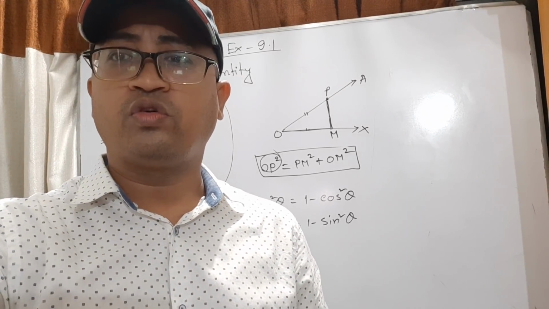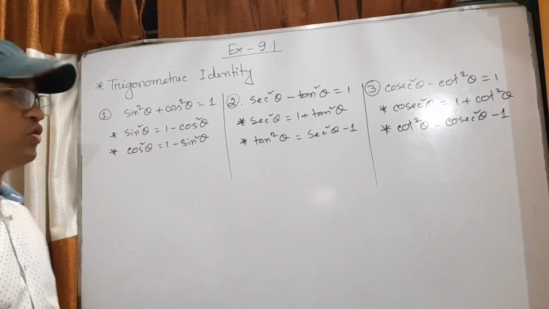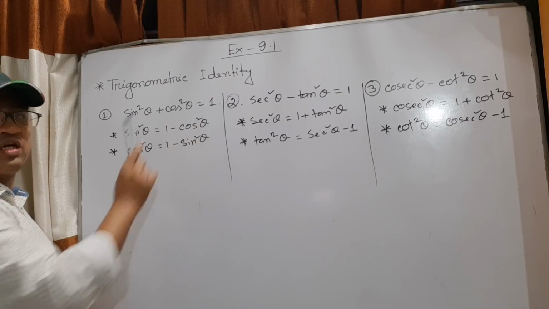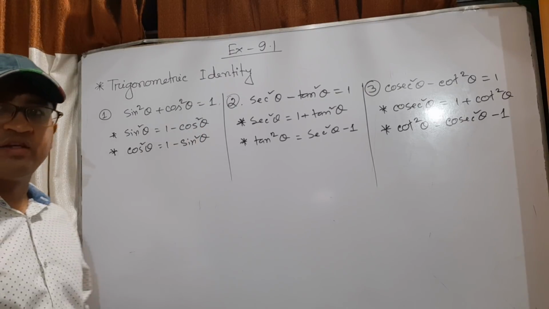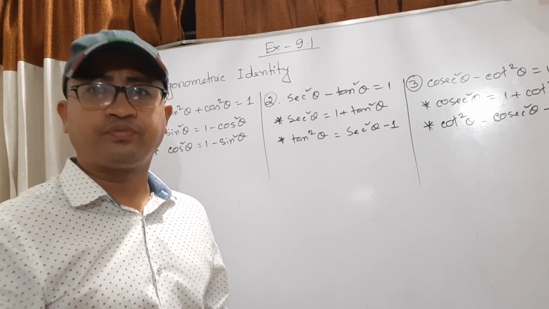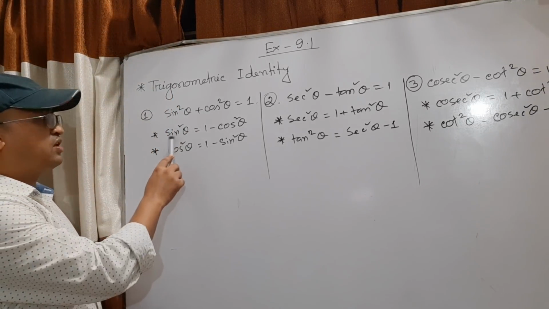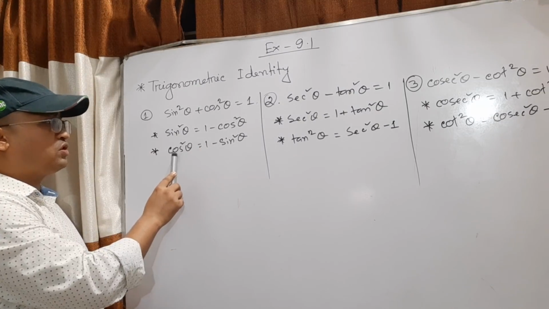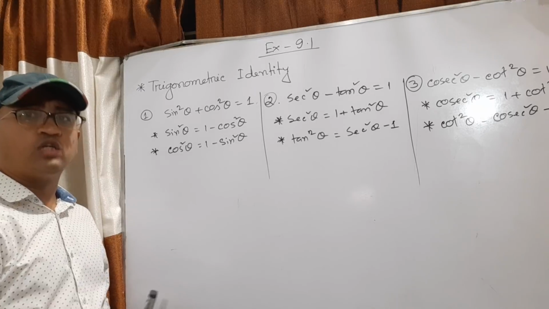Now look at the board. Number one identity, sin square theta plus cos square theta equals 1. From this identity, we get two more identities: sin square theta equals 1 minus cos square theta, and cos square theta equals 1 minus sin square theta. You should all note it.